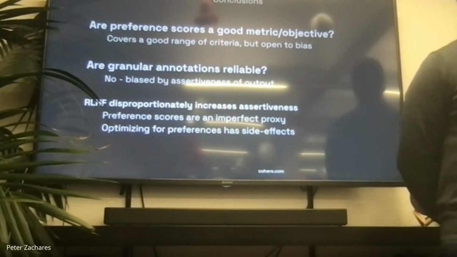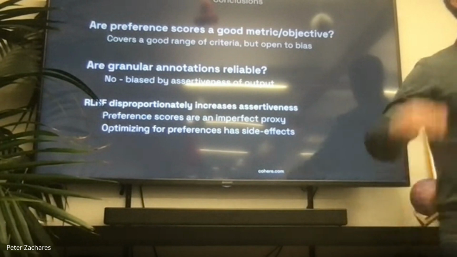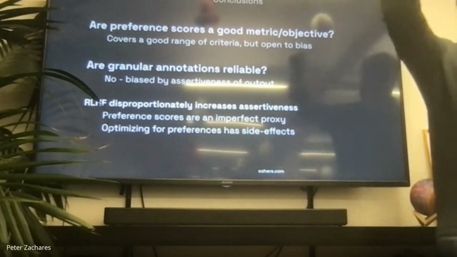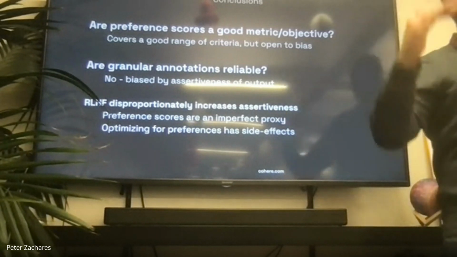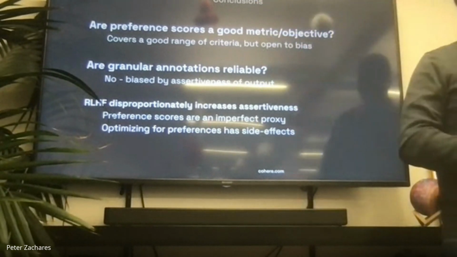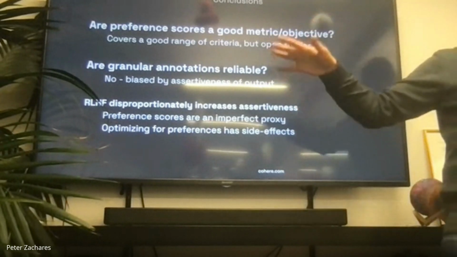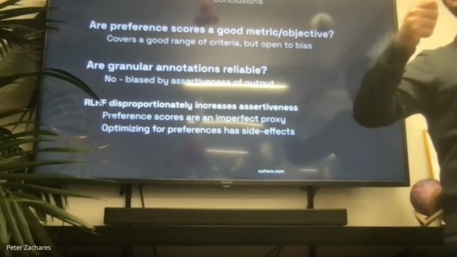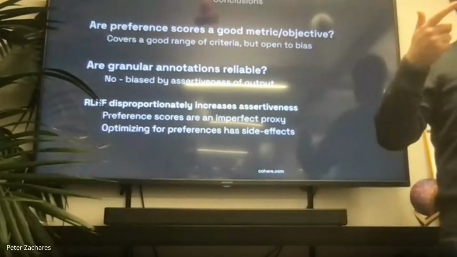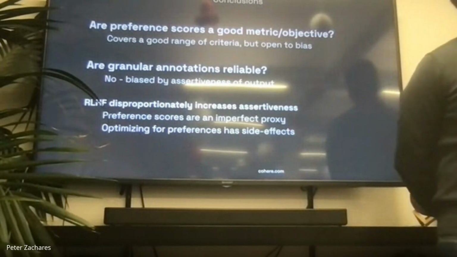Look at the AlpacaEval leaderboard where you have GPT-4 as a judge, and you can clearly see that, apart from the model that came out last week, the ones on top are the longer ones, and the ones towards the bottom are the shorter completions. It's very clear that GPT-4 prefers longer completions. And again, that's a surface level feature, which when you dig into it, actually has this Goldilocks zone. Optimizing for length is good up until a point, but most reward models, most language models as judges, don't capture that. And I'm sure there are many other such examples.